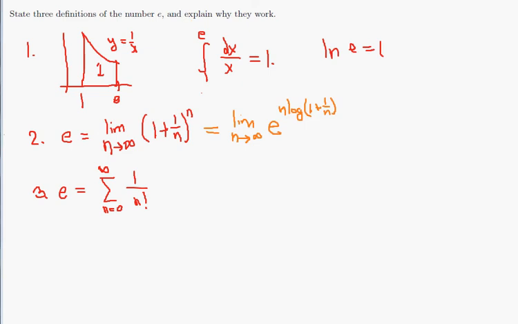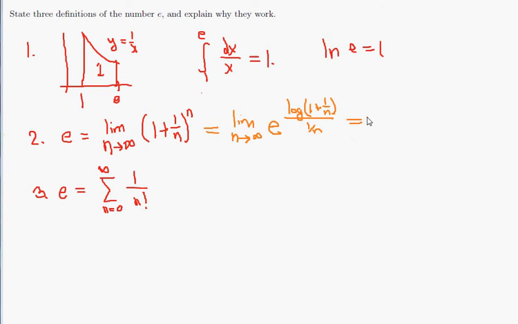And let me rewrite that as log of 1 plus 1 over n divided by 1 over n. Now, this has the form 0 over 0. Logarithm of 1 plus 0 is 0. 1 over infinity is also 0.